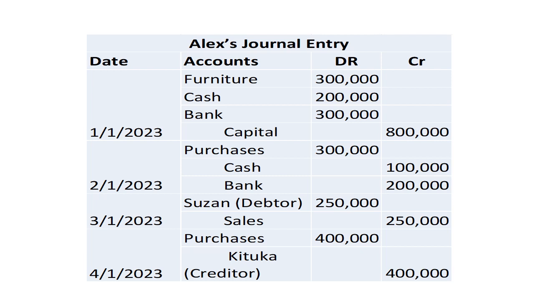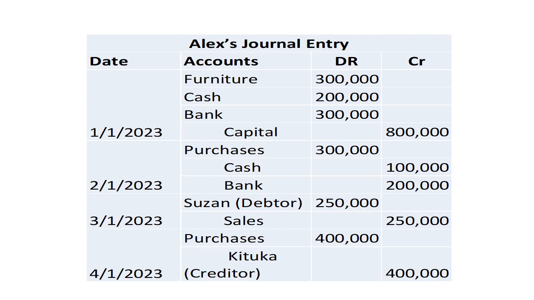From the journal of the previous session, we know that when Alex started a business with furniture and cash in the bank, by individual account we are going to debit furniture and cash in the bank accounts, and the corresponding account will be capital.